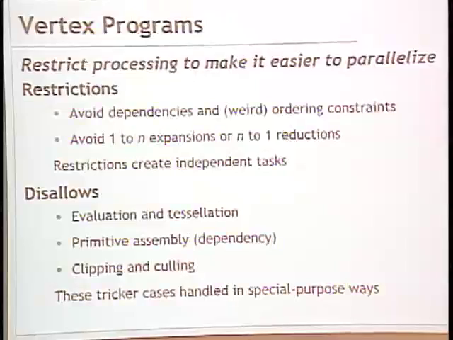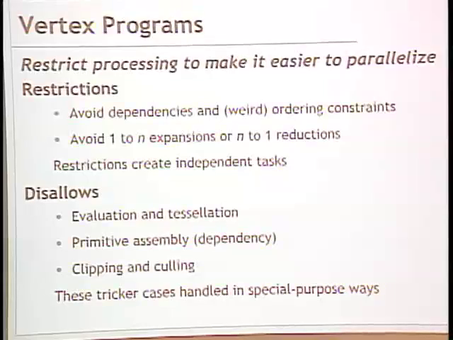One thing you do is make sure that there are no dependencies between elements. You can't say my vertex program is going to depend on the vertex that came before me. Every vertex is independent. There are no expansions or reductions. One thing comes in, one thing goes out. Period. It's not like you send in one vertex and you get 3 vertices out.